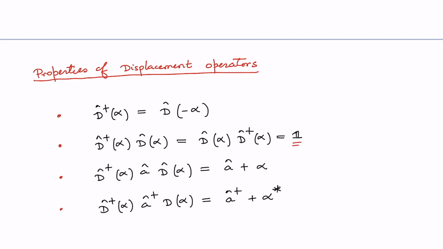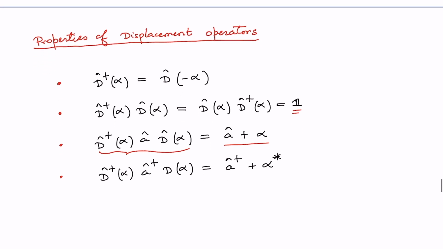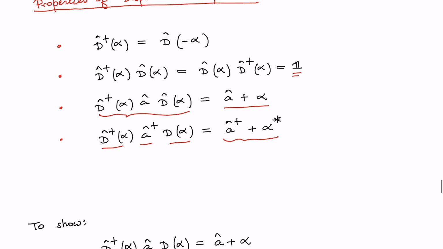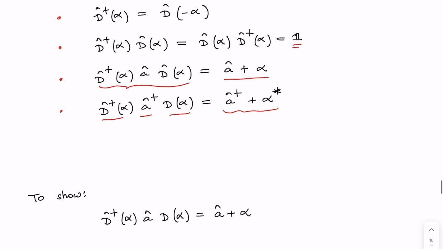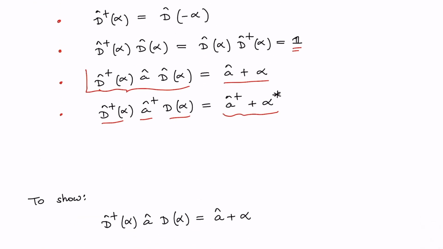And if a is sandwiched between the two displacement operators, D dagger(alpha) a D(alpha), then you get a plus alpha. And similarly, if the creation operator is sandwiched between D dagger(alpha) and D(alpha), you get a dagger plus alpha star.